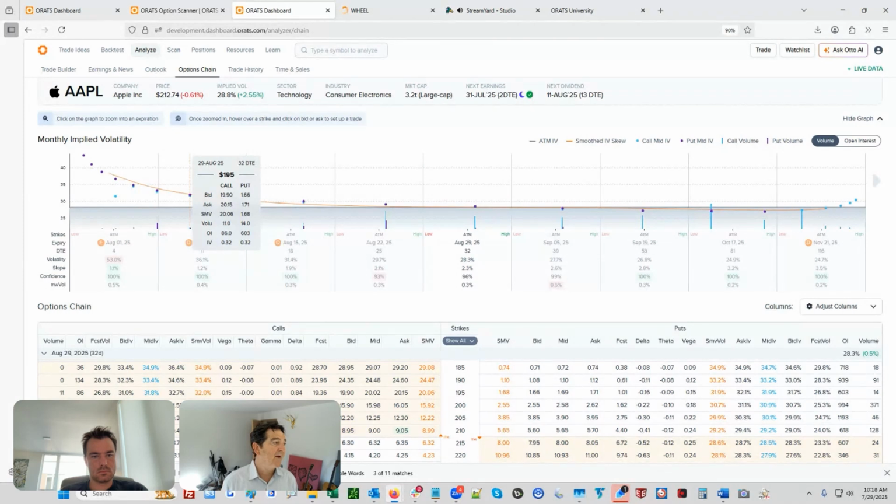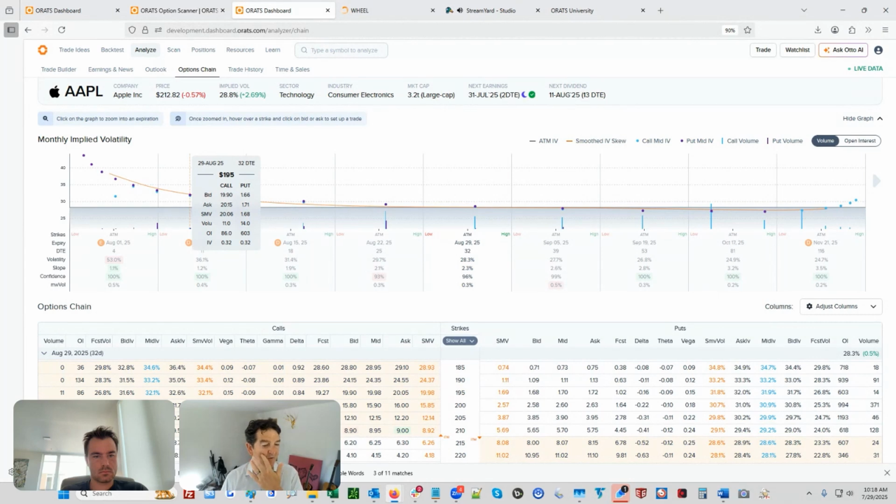Lazy meaning they don't go to as much in-depthness as we do. It's very difficult to do this, but your Greeks are going to be way off, and if your Greeks are off, then your hedging is going to be off, and what you think you're long, you might be short. We also have a concept called RIP value. Maybe we could talk about that if we have time after our next topic.